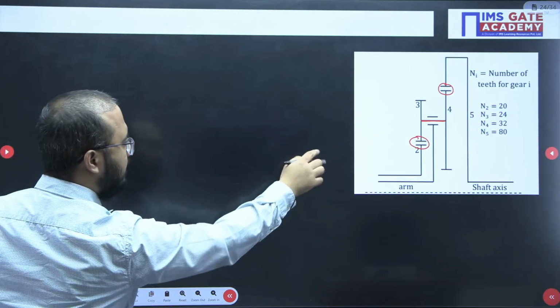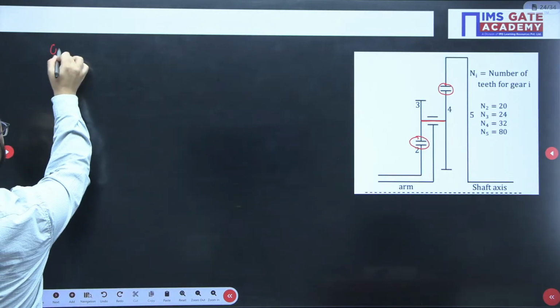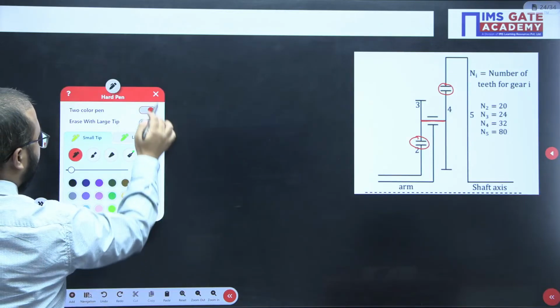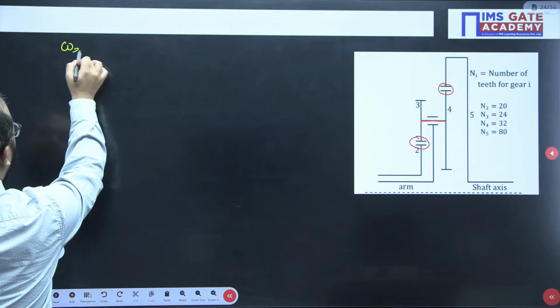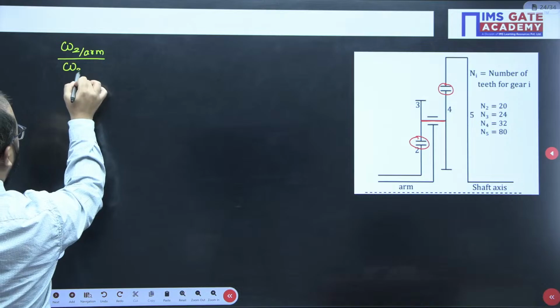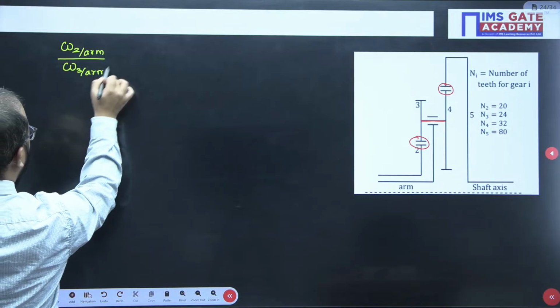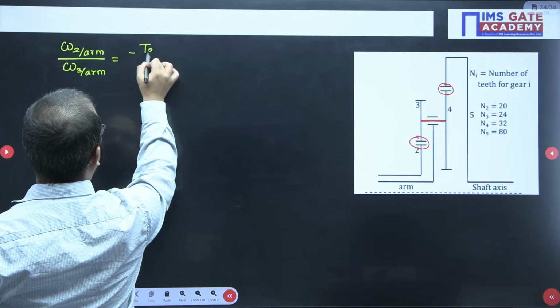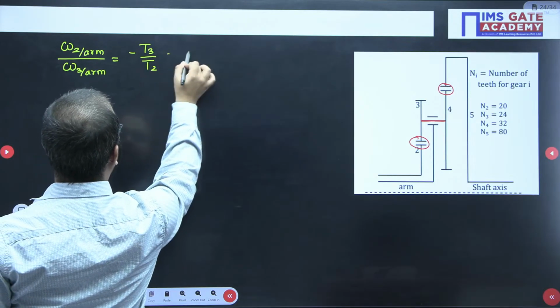So gear 2 and 3 are in meshing, first of all. Omega 2 with respect to arm divided by omega 3 with respect to arm will be written as minus T3 by T2. Equation number 1.